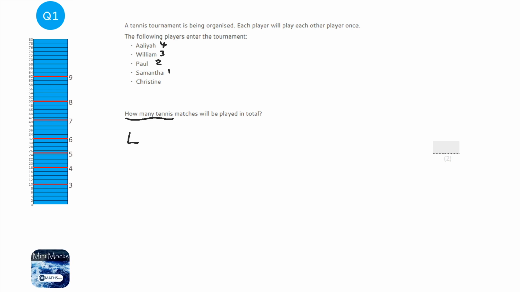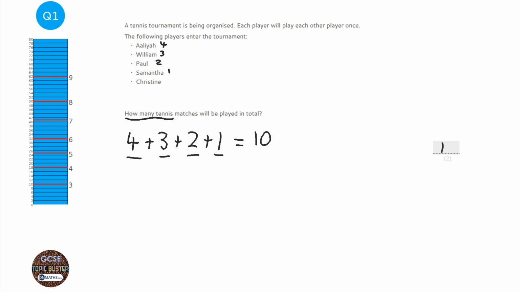So, we've got the 4 matches Aliyah's going to play, 3 matches that William's going to play, not counting the one we've already counted from Aliyah, plus the 2 Paul's going to play, plus the other one that Samantha's going to play. So 4 plus 3 is 7, plus 2 is 9, plus 1 is 10. So in total there are 10 different matches going to be played.